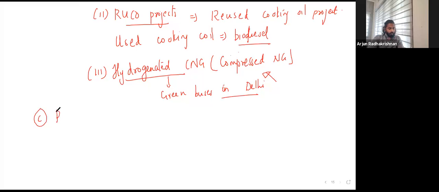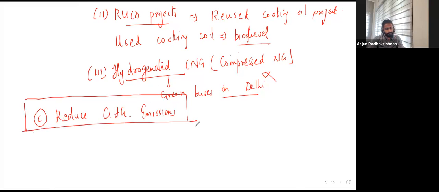Third objective is to reduce greenhouse gas emissions. Again, we are using biofuels only, and we have a national biofuel energy policy, which again you might have studied in environment.